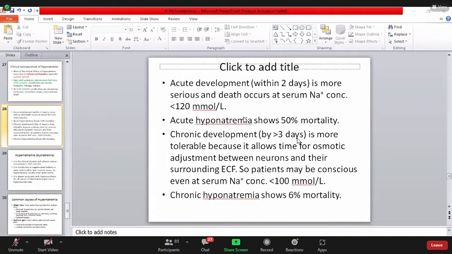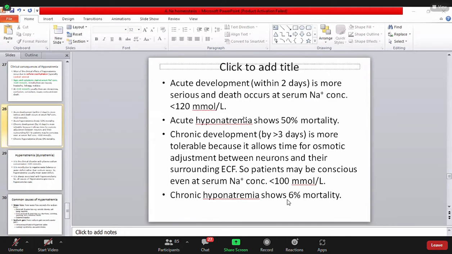And this is more tolerable in our body because it allows time for osmotic adjustment between neurons and their surrounding ECF. So the patient may be conscious even at serum sodium concentration less than 100 millimole per liter. And mortality rate in chronic hyponatremia is 6%.